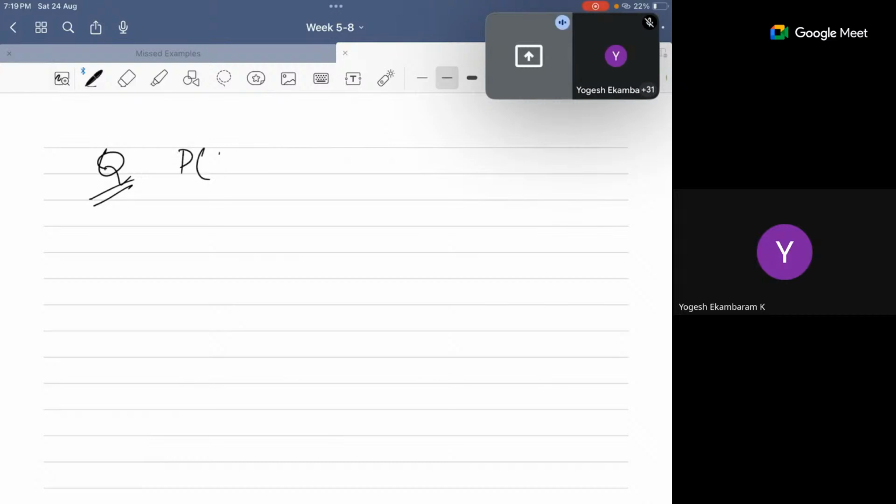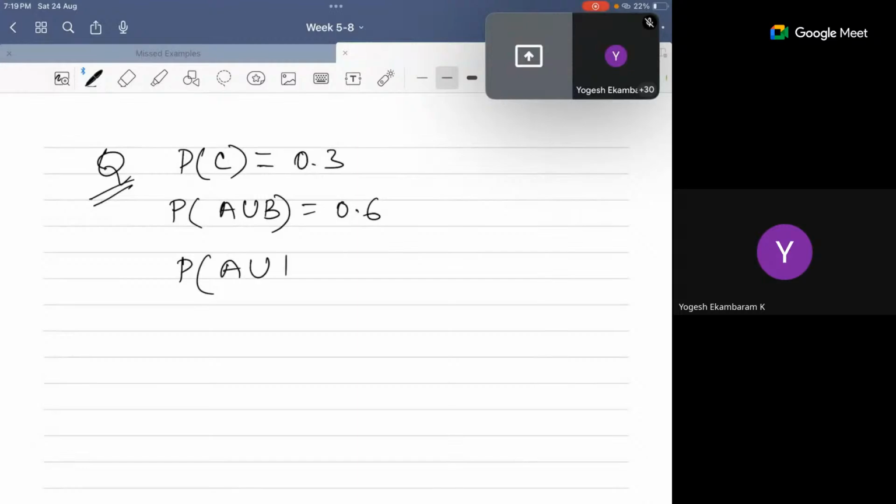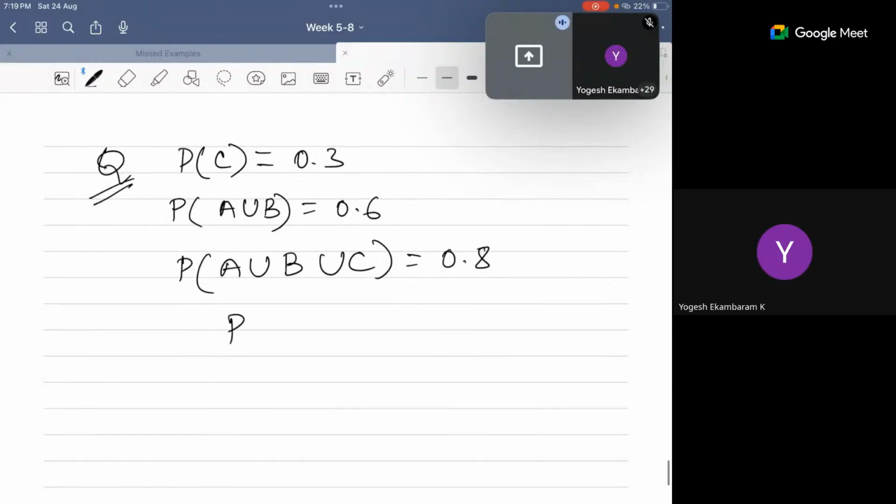So can you solve this? P of C. This is a Venn diagram. You just have to use the concept of the union and intersection formula.